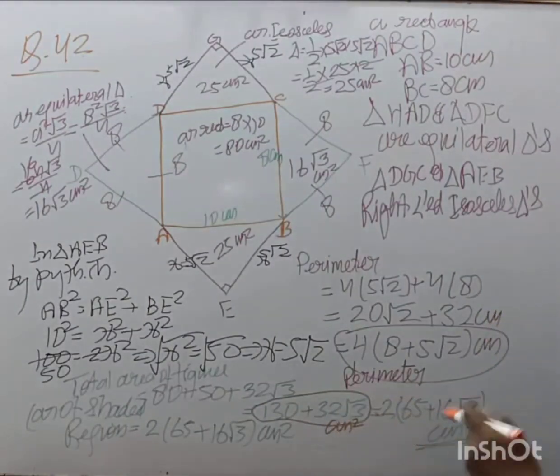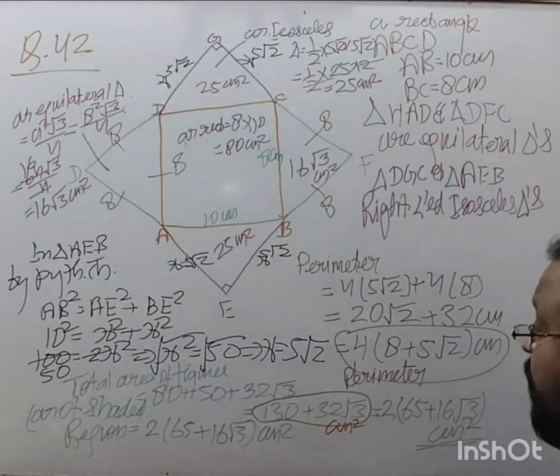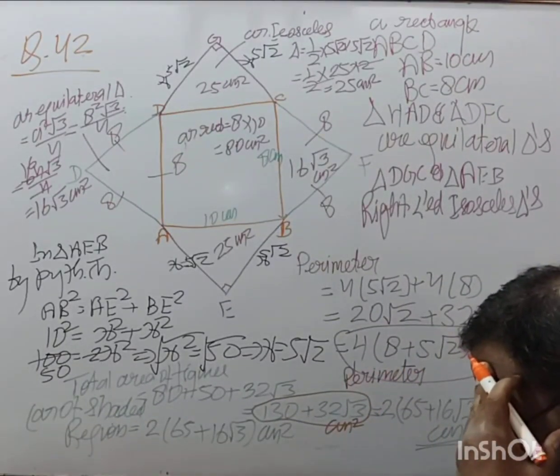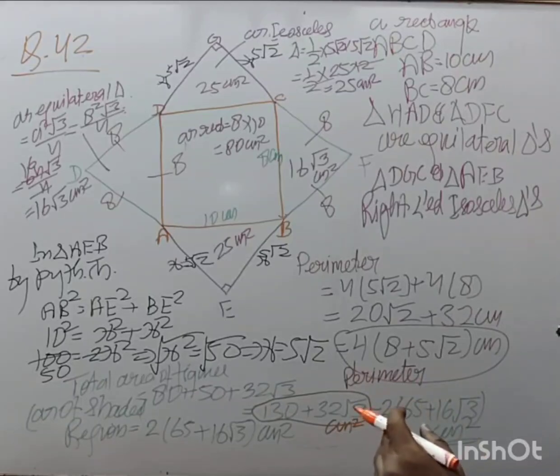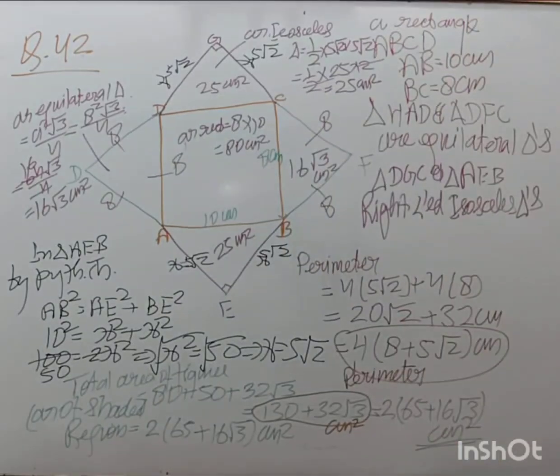This is the area, and the perimeter is 4 bracket, we have taken 4 as a common, 8 plus 5 root 2 centimeter. This is it.